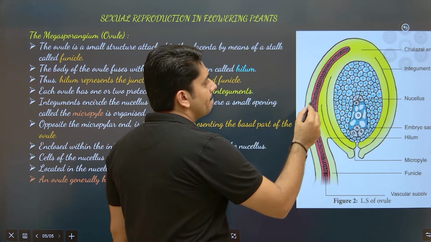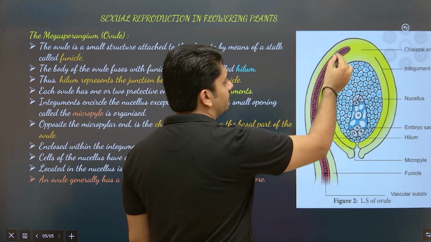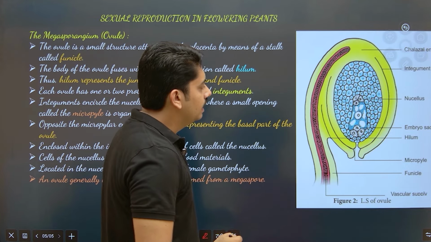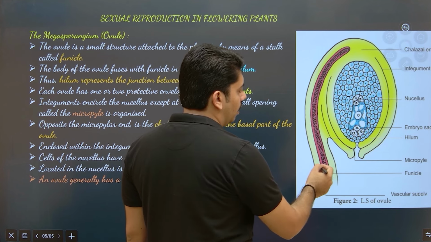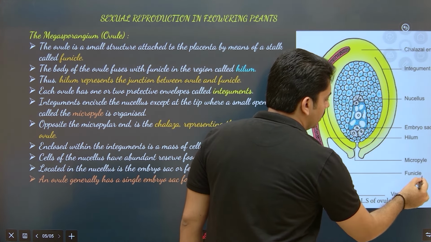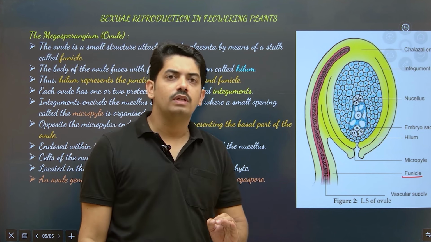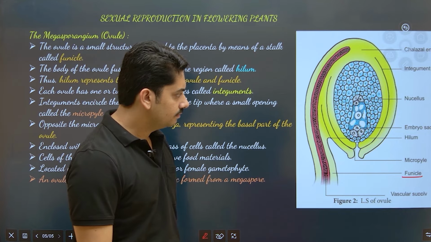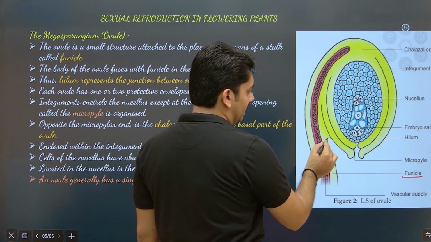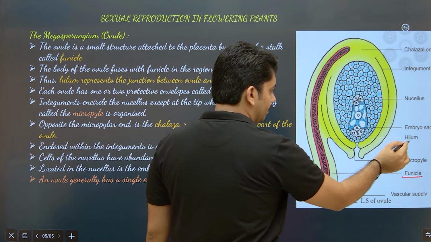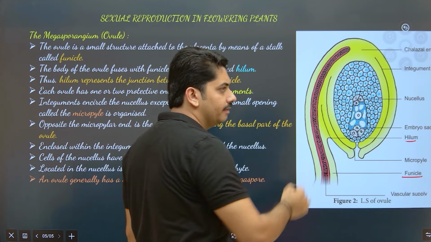See this oval shaped body, this is the body of the ovule. This is attached to the placenta with the help of a stalk, and that we call the funicle. So the stalk of the ovule is called the funicle. Now the funicle attaches to the body of the ovule with the help of the hilum. This hilum is the junction between funicle and ovule.